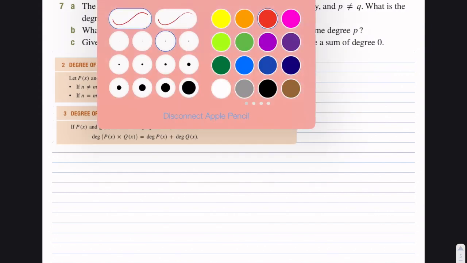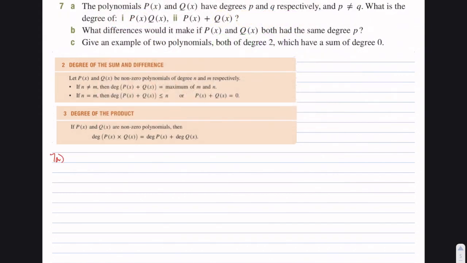But for example, for 7a, well, p of x could be x to the p plus 3x to the p take 2, whatever. We don't actually need to know its degree.